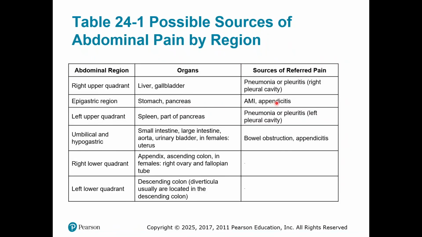And so what's the source of referred pain? Well, it could be an AMI, or it might be an appendicitis. It's all over the place, because all these organs share a lot of the same nerve pathways. And so when pain receptors are activated, they share a lot of the same nerve pathways. And so that's why they can be so wide.